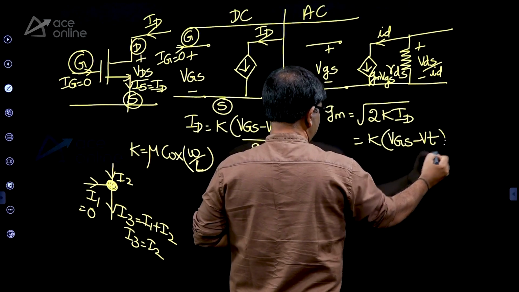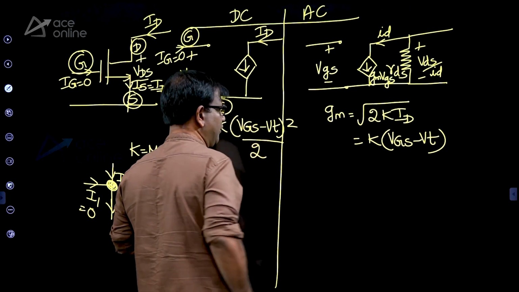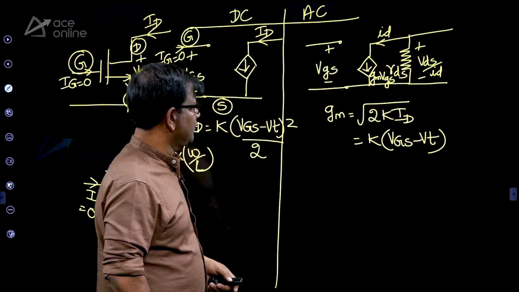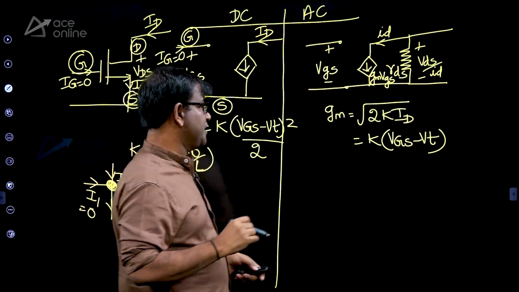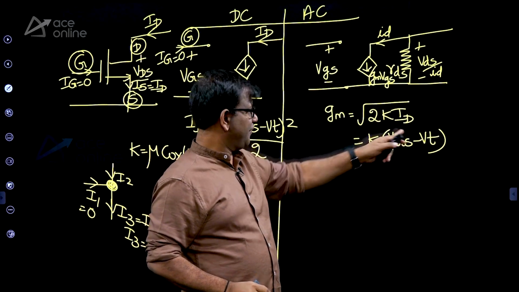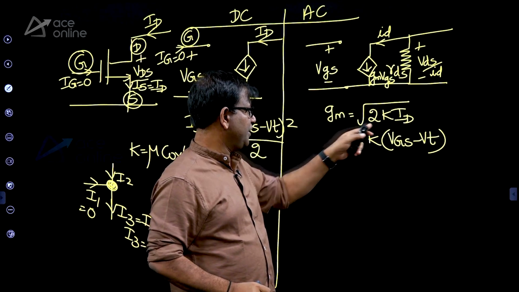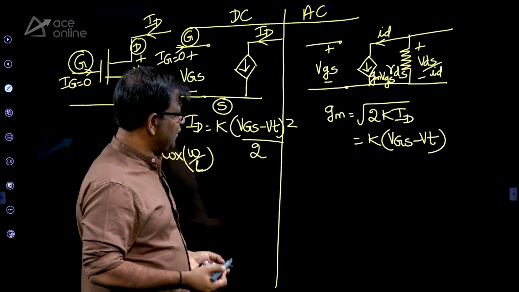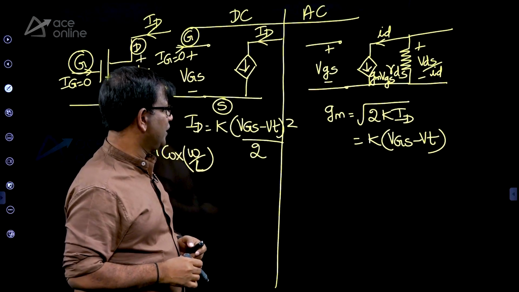If the examiner gives you this ID, you can calculate GM, or if an examiner gives you VGS and VT, you can calculate. In some problems, especially in current mirror problems, no VT is given, but you need GM. So you have to look for this formula, right? If he gives VT, fair enough.